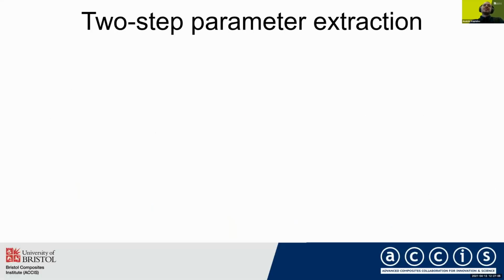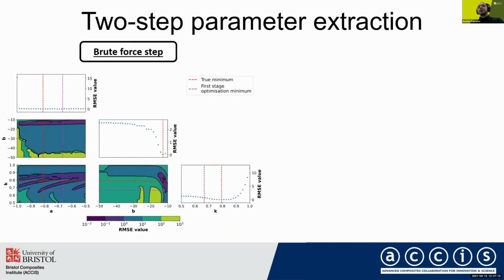The way we conduct this fitting is by implementing a two-step parameter extraction routine. The first step is simply a brute force search with a coarse grid. We don't want to spend too much time on that. The reason is that we want to find a starting point for our parameter set, which we'll use for the secondary stage.